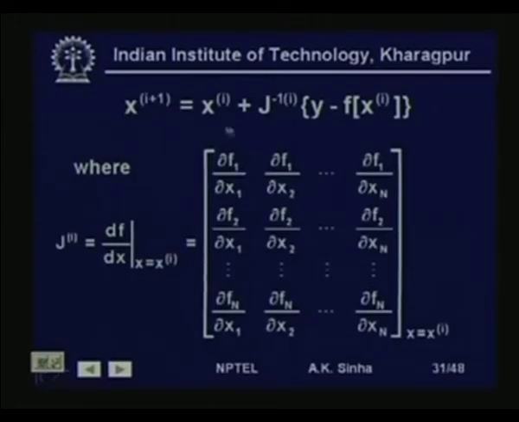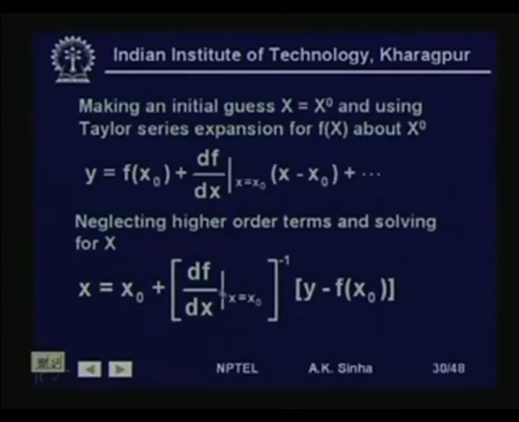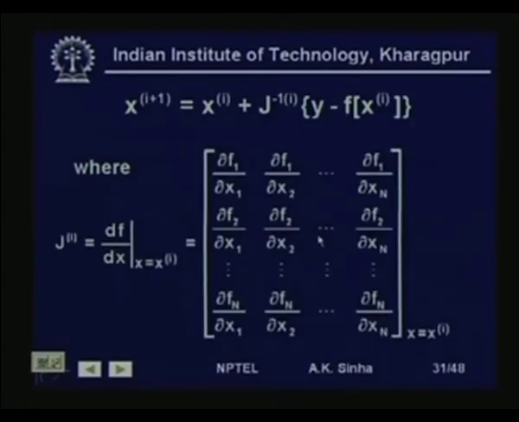So, once we have this expression in iterative form, we can write that x at I plus 1th iteration is nothing but equal to x at ith iteration plus j inverse calculated at ith iteration value, that is at x is equal to x at ith iteration into y minus f calculated for x at ith iteration.